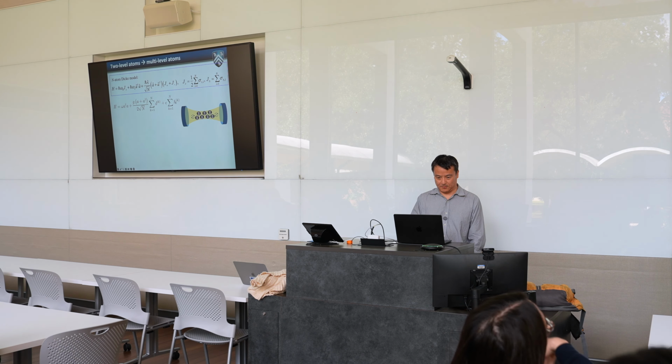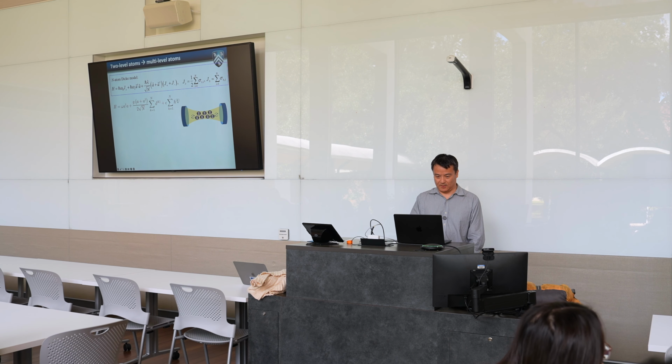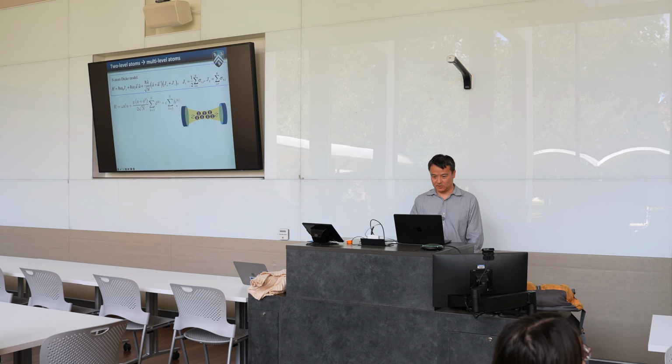Here H_k is for the k-th atom, and H is the bare atomic Hamiltonian. It's a generalization of sigma Z. And this D_k is the dipole operator for the k-th atom. So it's the generalization of sigma X.